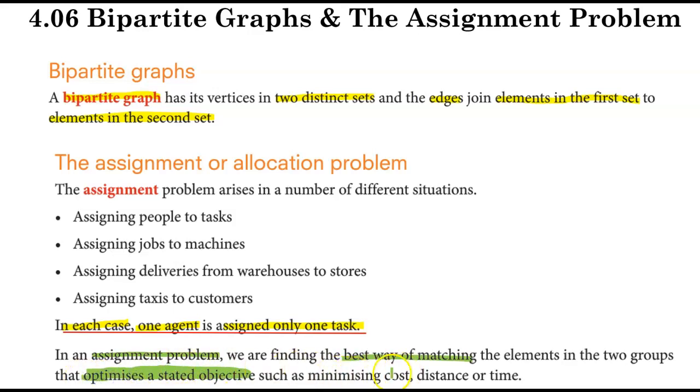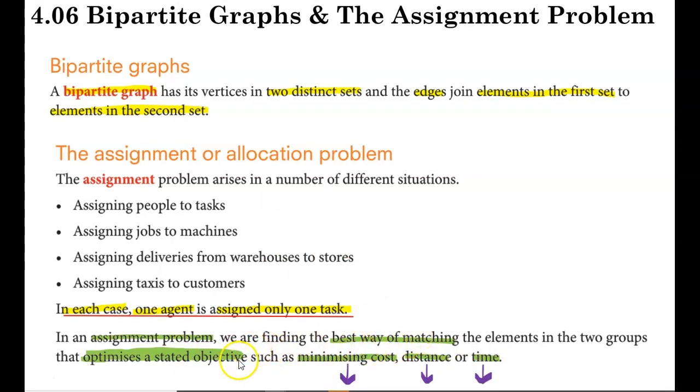For example, for cost, definitely you want to minimize. In terms of distance or time, you would want to minimize as well. So if the stated objective is to minimize the cost, distance, or time, then you can look for the minimum solution because that is the optimized objective here.